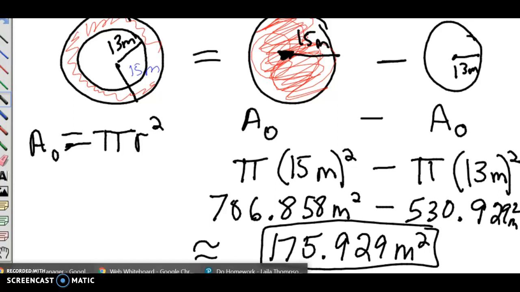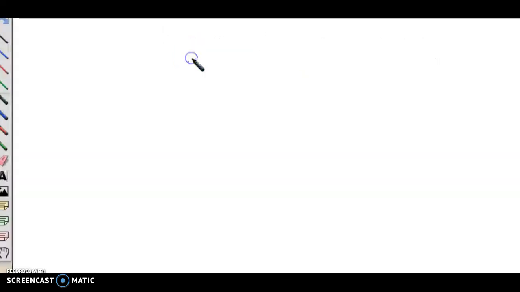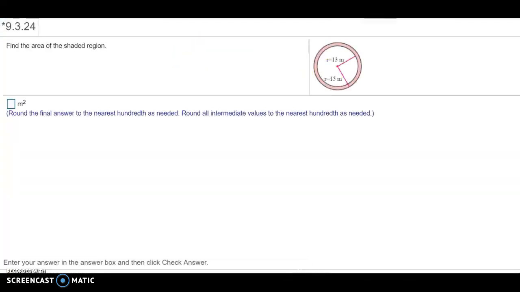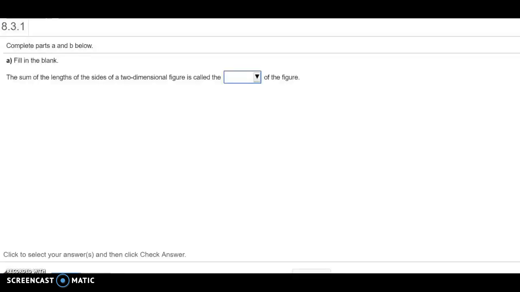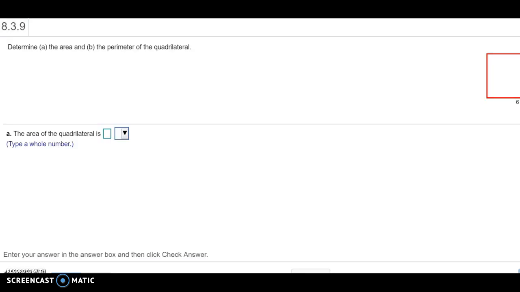Let's do another example. Let's try to find one that doesn't involve a circle. So again, I'm going back to your homework and I'm going to pull up another example. I'm going to skip through several of these until I find one that doesn't involve a circle, maybe one that has a different type of shape.